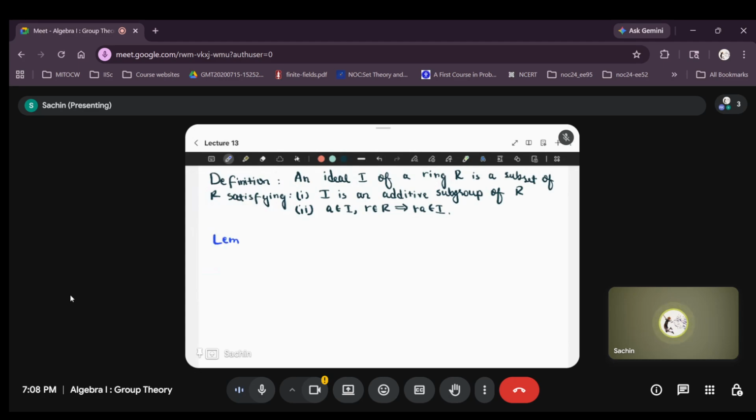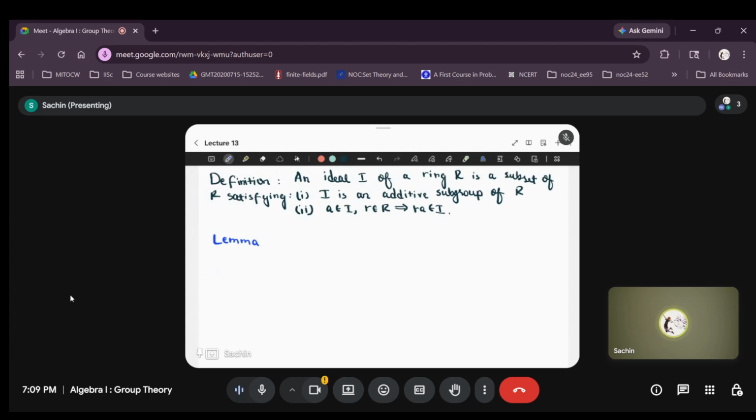Now we have the following lemma. We saw one homomorphism from Z to Z mod nZ that was given by phi of k is equal to k bar.